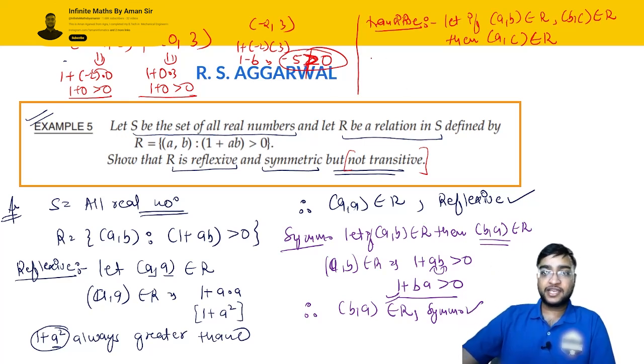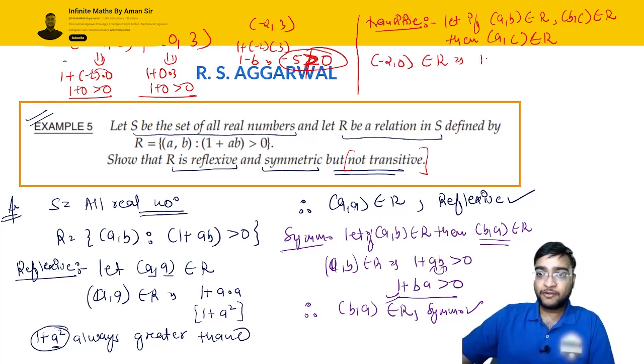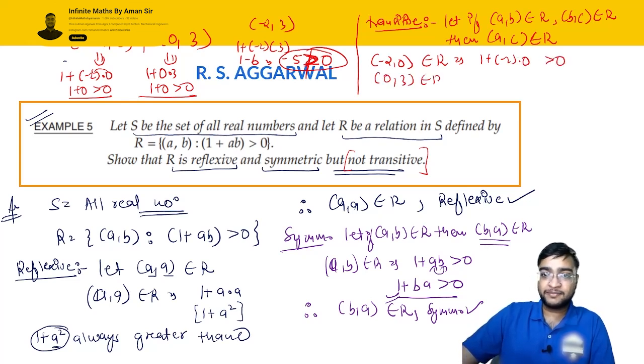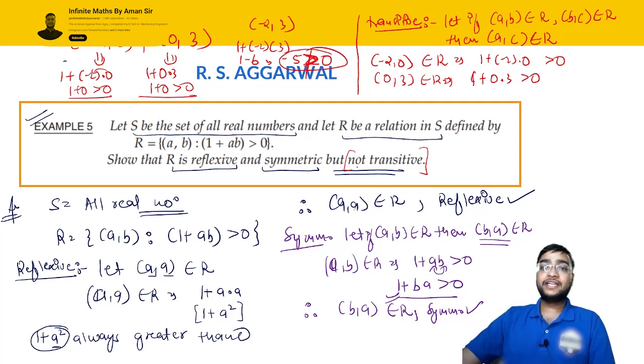If -2 comma 0 is in my relation, that implies 1 plus -2 into 0 is greater than 0, and 0 comma 3 is also in my relation, since 1 plus 0 into 3 is also greater than 0. But -2 comma 3 is not in my relation. Why?